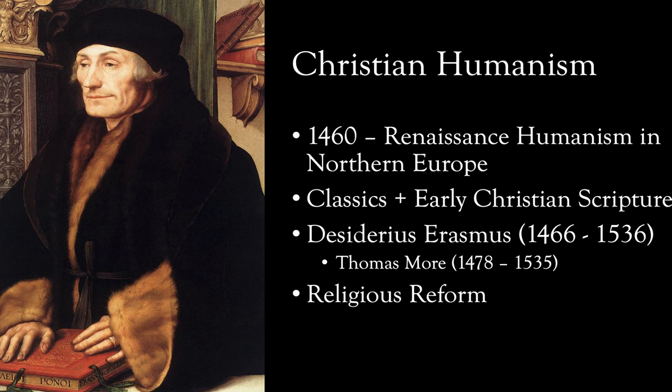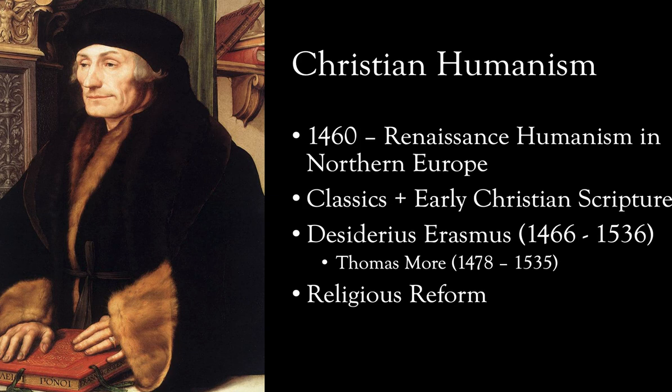Another notable Christian humanist is Thomas More, who was actually a close friend of Erasmus and also a scholar and intellectual. Thomas More was a very devout Catholic. He was also an advisor and held an important position at court for King Henry VIII.